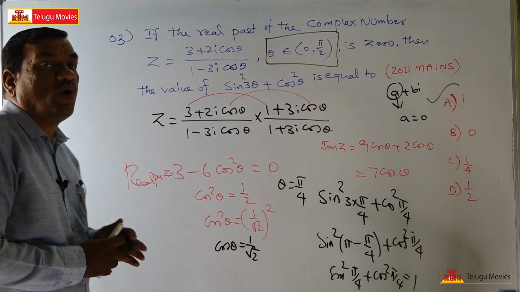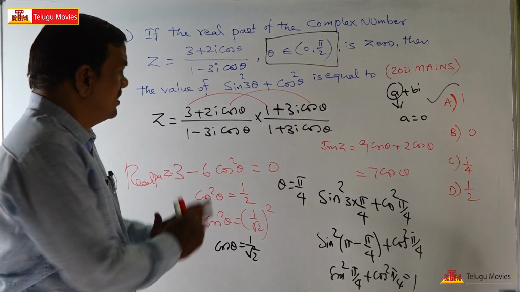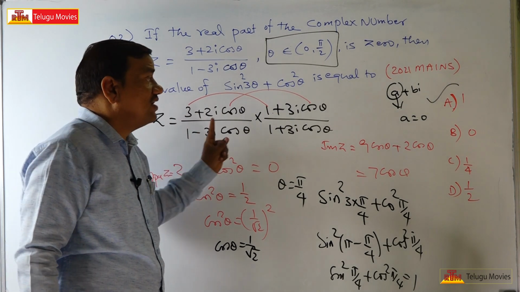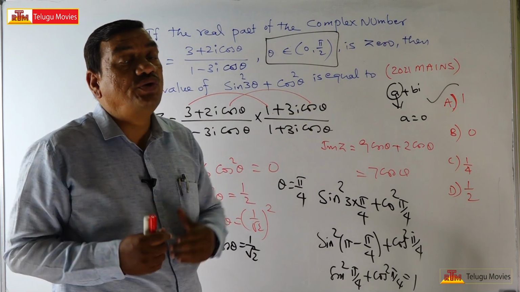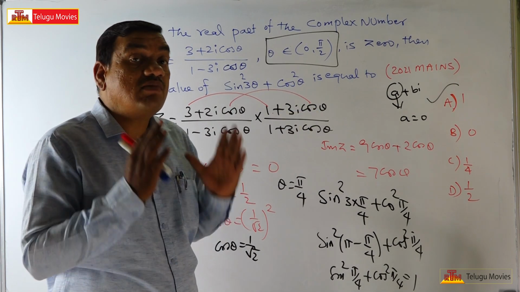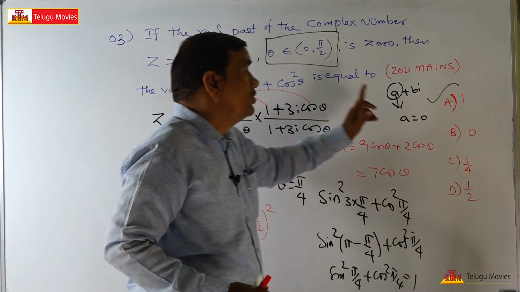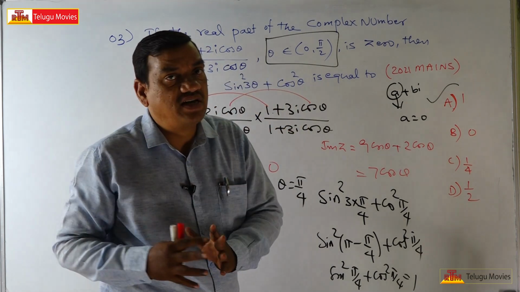So from this problem, what you have to learn is, don't try to convert this into the form a plus bi, just like you would do in the board examinations. In the board examination, it is compulsory that you convert it into a plus bi form and show the real part and imaginary part separately.